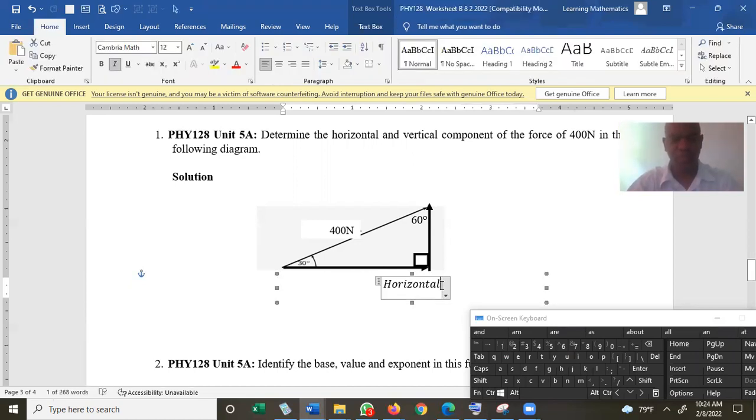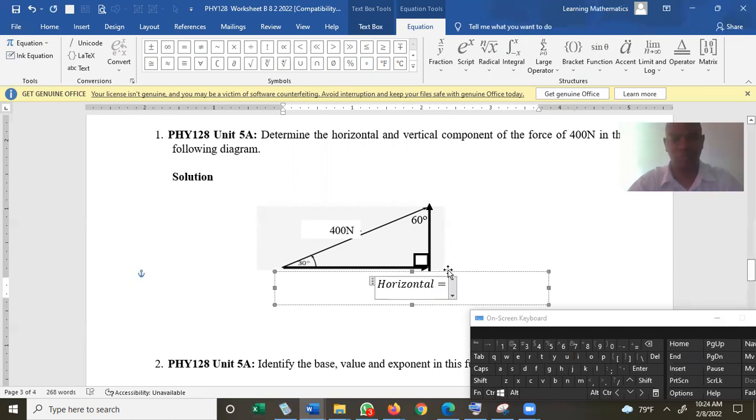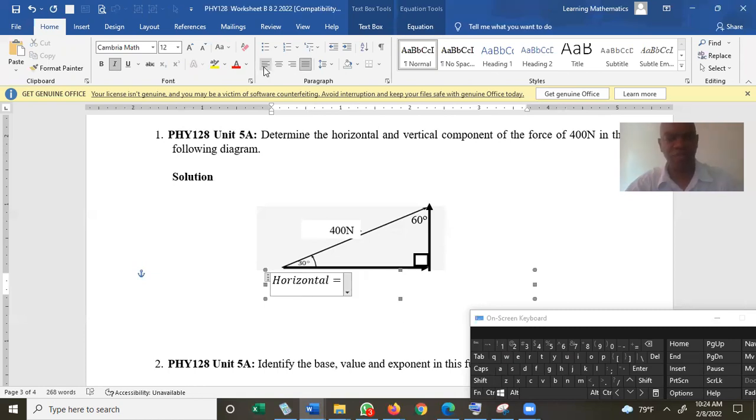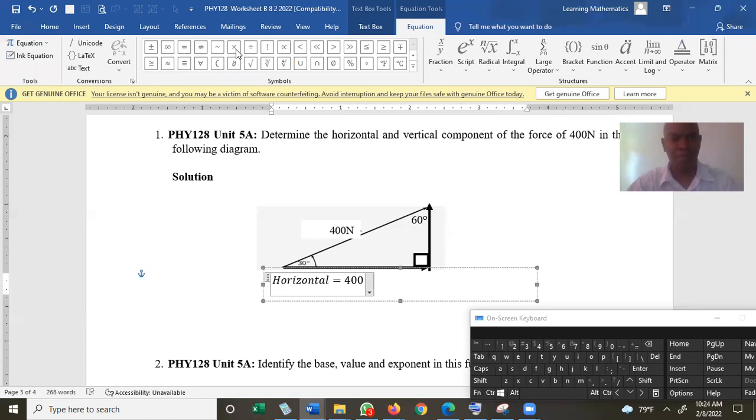So this horizontal component is equal to, so you can see I'm deliberately going a little slow just to allow you to participate, is equal to the 400 times cosine of, and it's also equal to 400 sine. And you get the same answer.